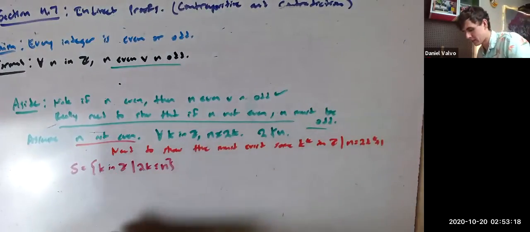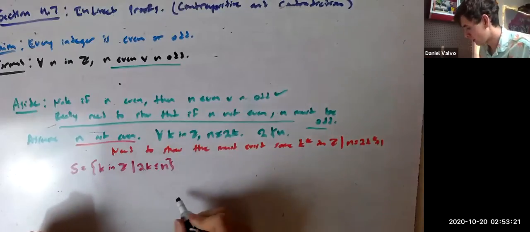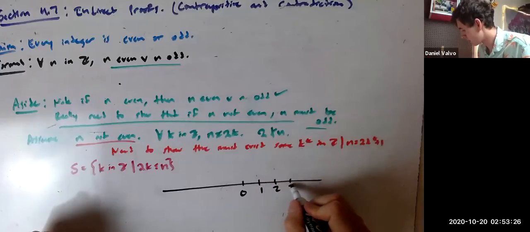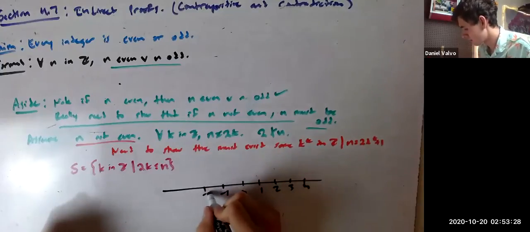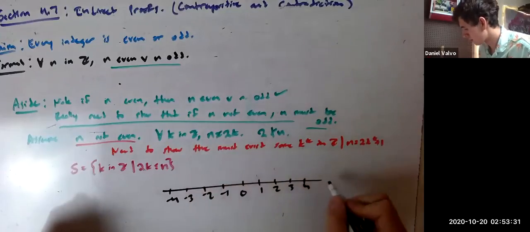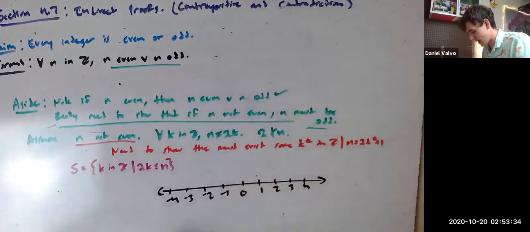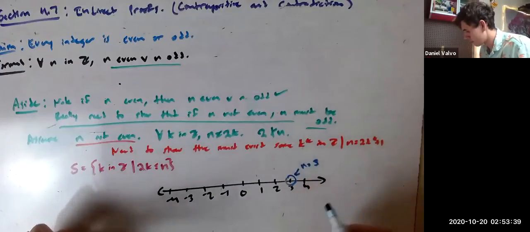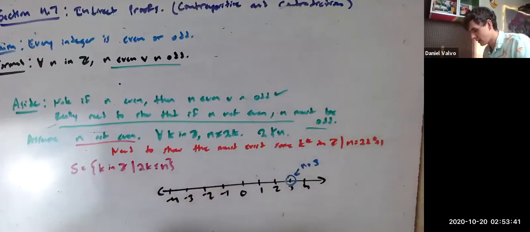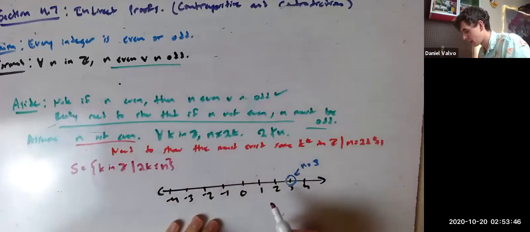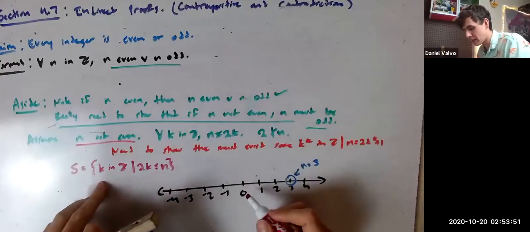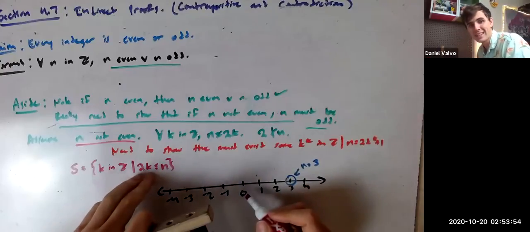Why do we care about this? Well, if we draw the number line again, and we make a 3 be our n, then we're looking for all the k's in Z where 2k is less than or equal to n.